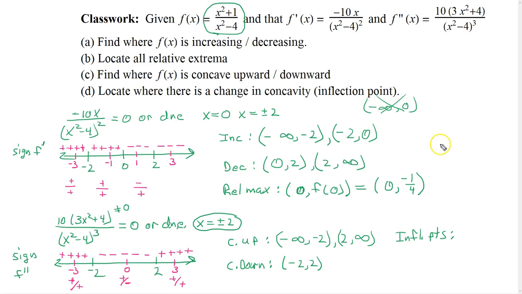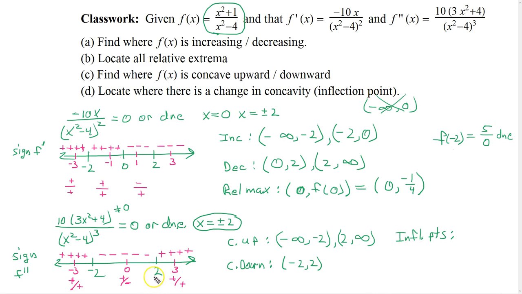Notice that f of -2 is of the form 5 divided by 0. So f of -2 does not exist. And the numerator, being a non-zero number, indicates that we're going to have a vertical asymptote at -2. So at -2, while we have a change in concavity there, we do not have an inflection point.